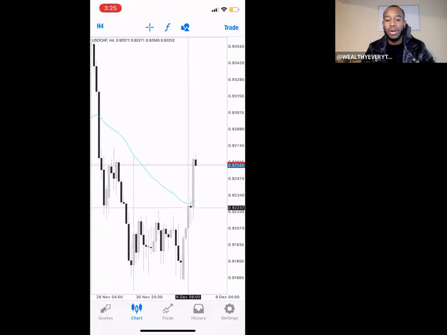This candle started here at the body of it. At some point it went down because we have this wick, showing where the price of the candle actually traveled. At the top is where it closed, at the end of 4 hours. So that's what these candles are: a way of viewing price over a certain period of time.